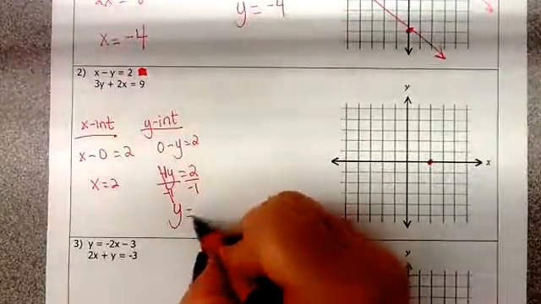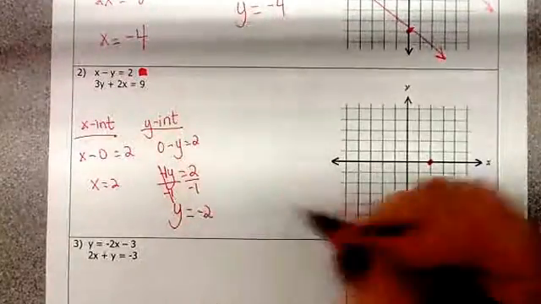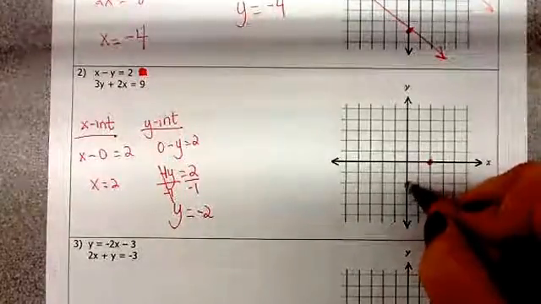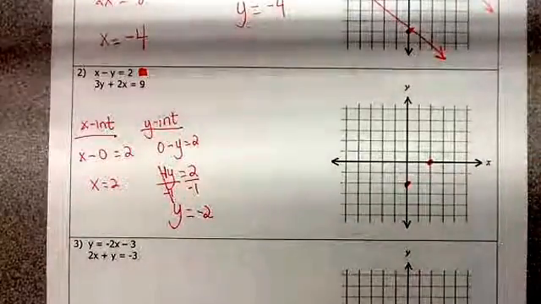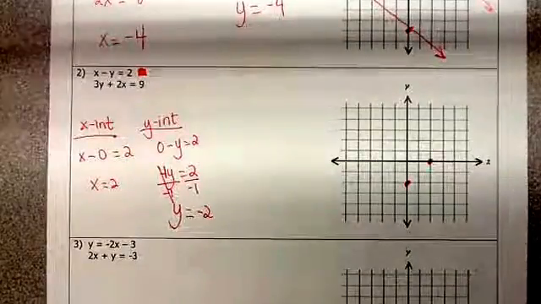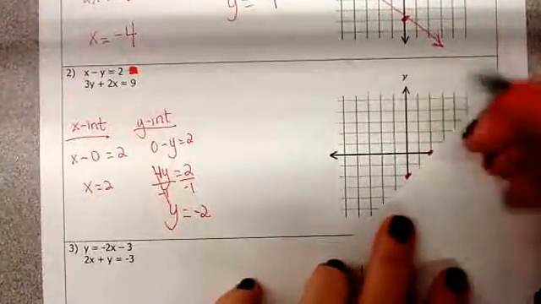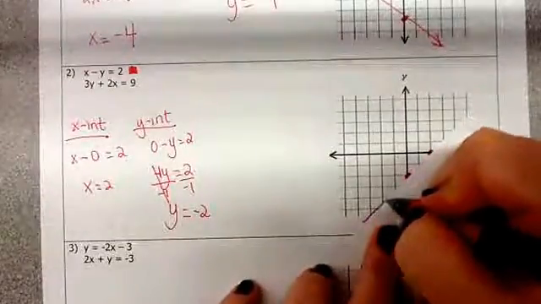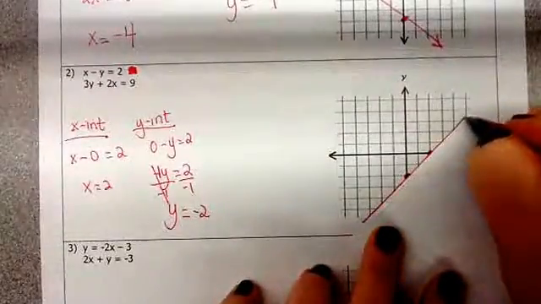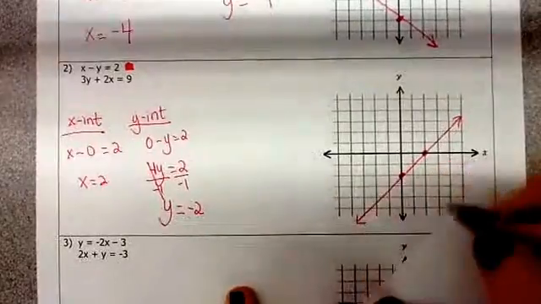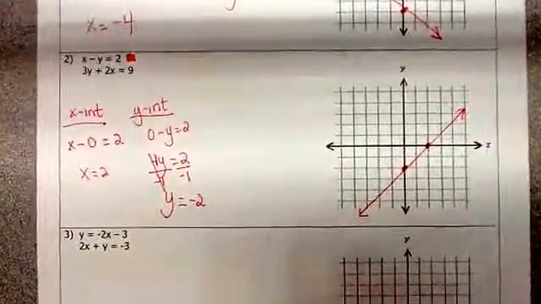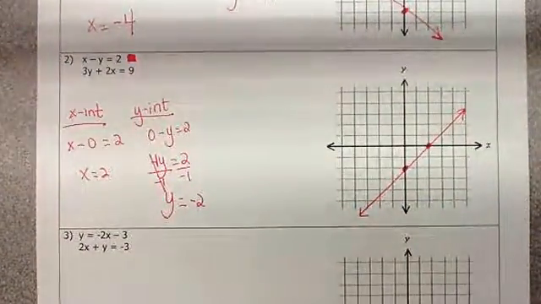Y equals negative 2. Plot both of those intercepts. Connect them using a straight edge or a ruler. That is one of our graphs.